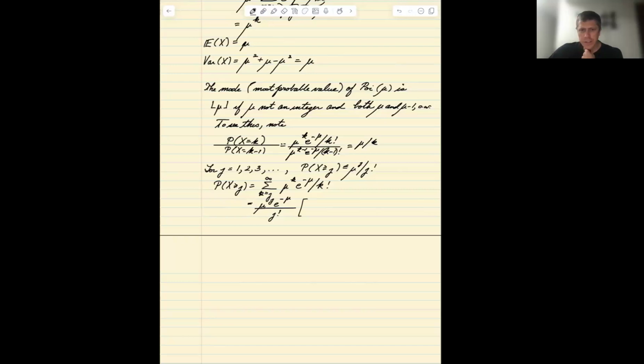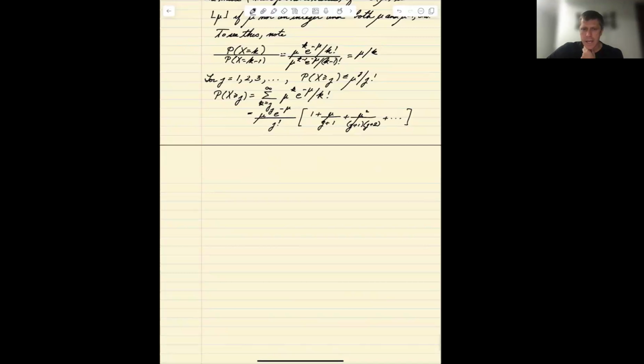and then leave each term in, and we get 1 plus mu over j plus 1 plus mu squared over j plus 1 times j plus 2, etc. And what's the key idea?